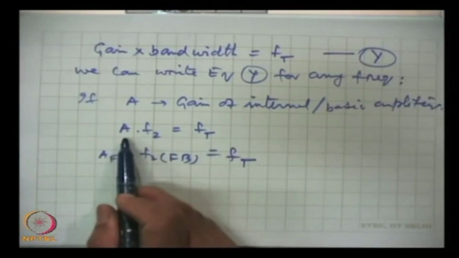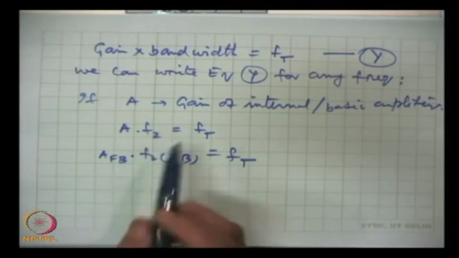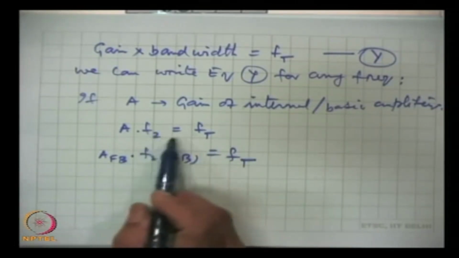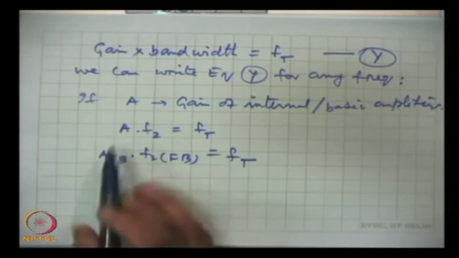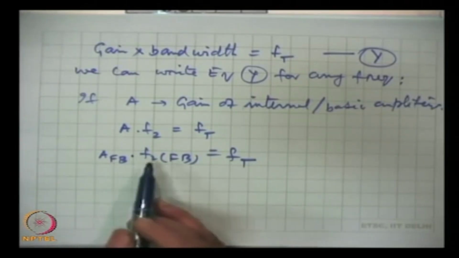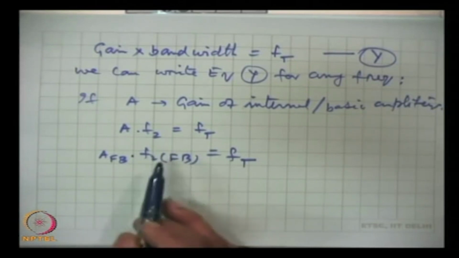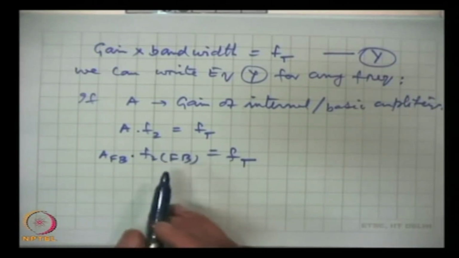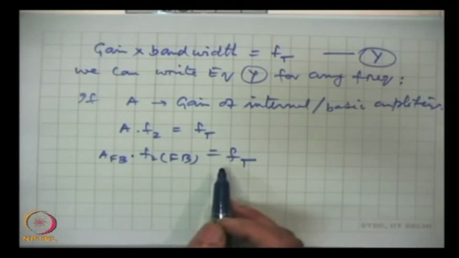Then we can write A into f2, where f2 is the upper cutoff frequency of the amplifier without feedback, is equal to ft. With feedback the similar equation can be written: A fb into f2 fb, the bandwidth of the amplifier with feedback, and the product is equal to ft.